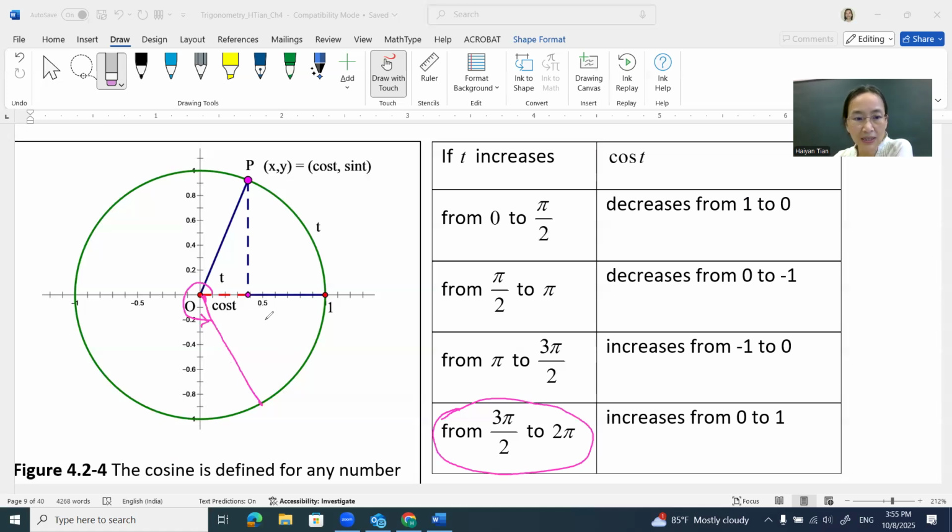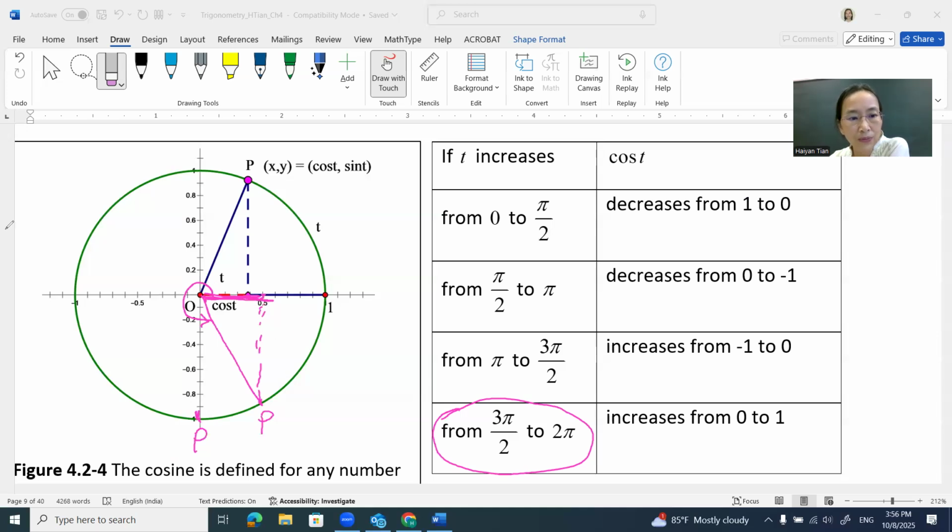And what is cosine t? Just for this point, that's the x coordinate of the point. So we can show that it's positive, or non-negative, because at this location, P is 0. We remember that when t is 3 pi over 2, then cosine t will be 0.